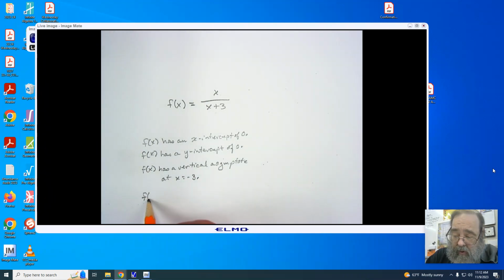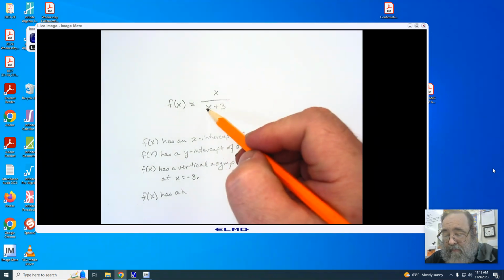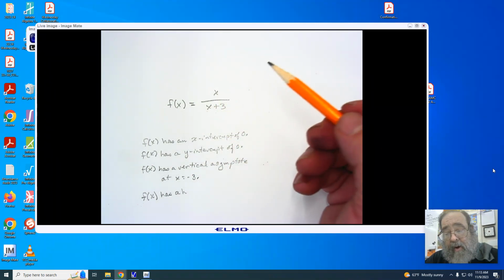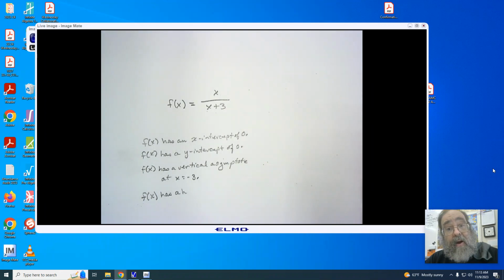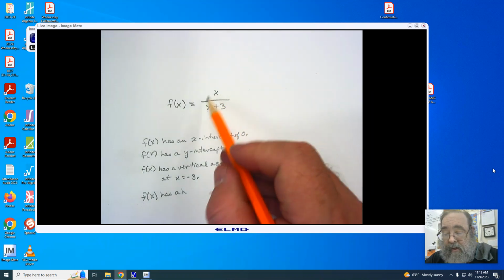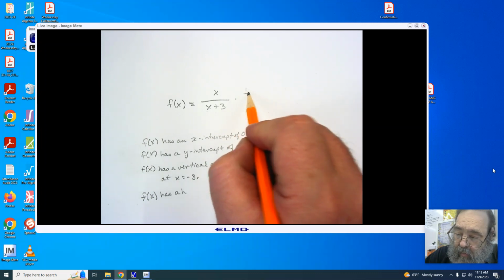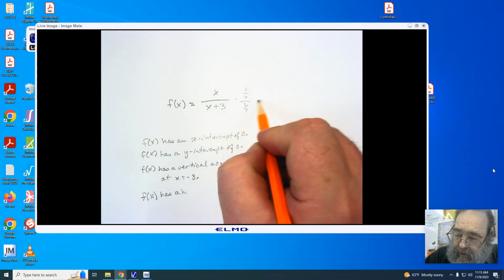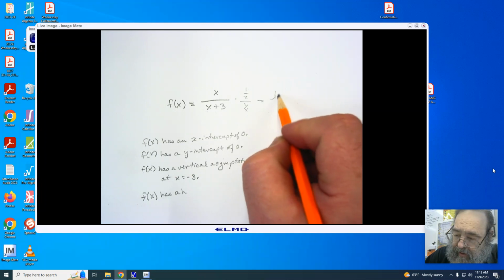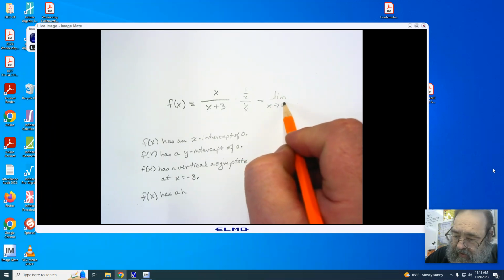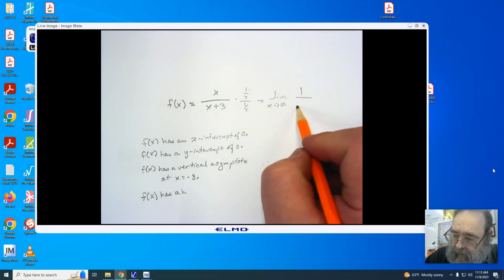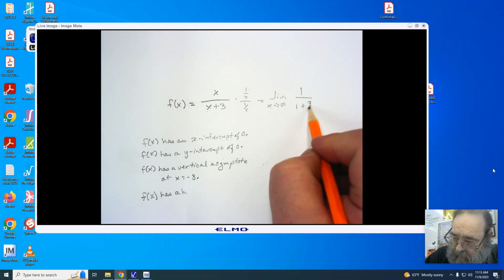We then have a horizontal or slant limit, or horizontal limit. And this is because they have the same power of x in both the numerator and the denominator as our highest power. When this happens, it is the ratio of leading coefficients, and therefore 1 divided by 1. If you wish to use calculus to do this, you're going to multiply by 1 over x, and you will end up with trying to find the limit as x approaches infinity for 1 over 1 plus 3 over x.